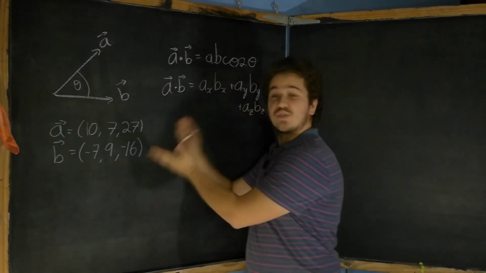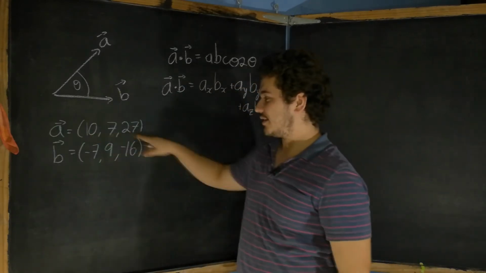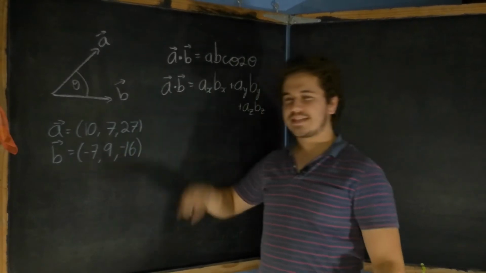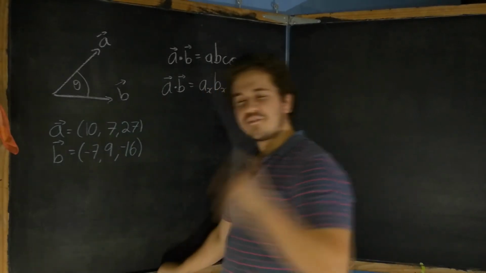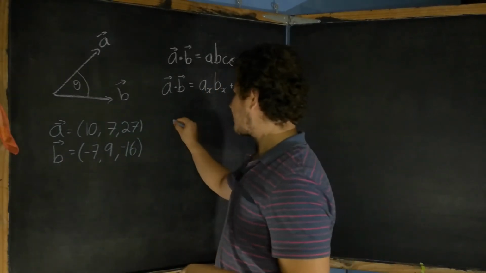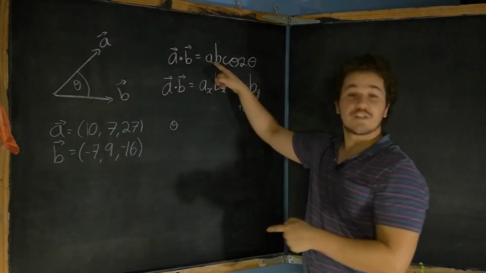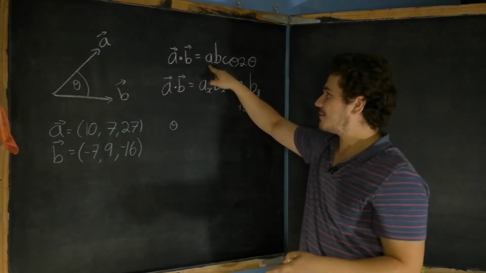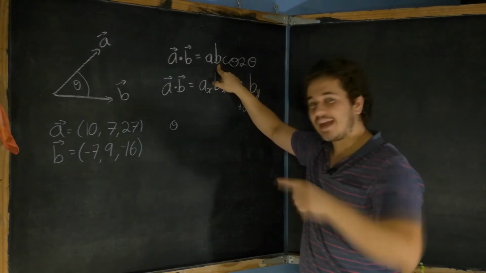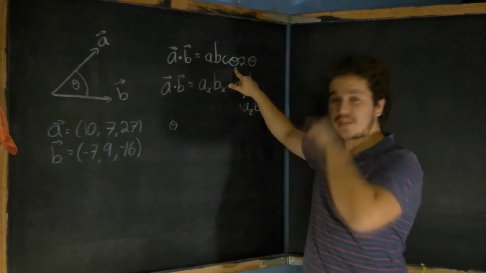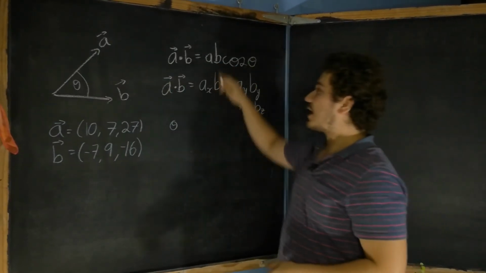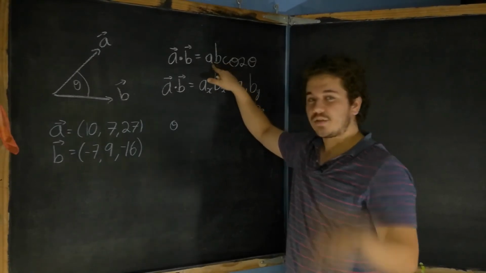Let's say we have these two vectors, A and B. Note that they're in 3 dimensions. Now, what if we want to find the angle theta between them? The first part of the equation is the magnitude of A times the magnitude of B times the cosine of the angle between them. So how can we get the magnitude of both vectors?